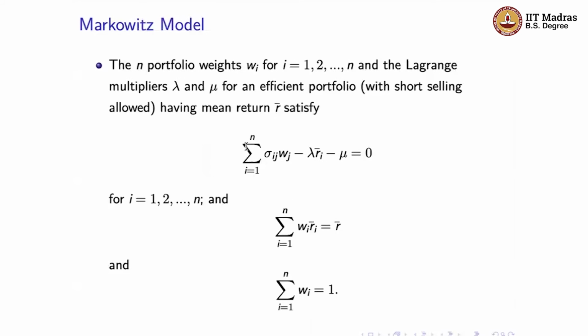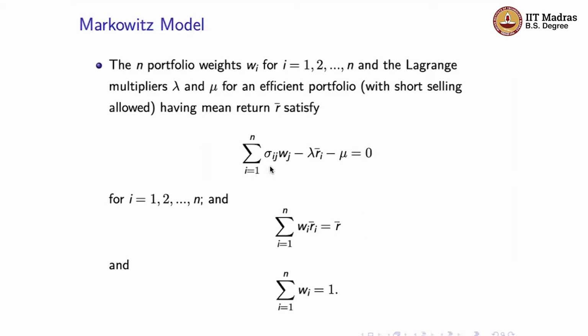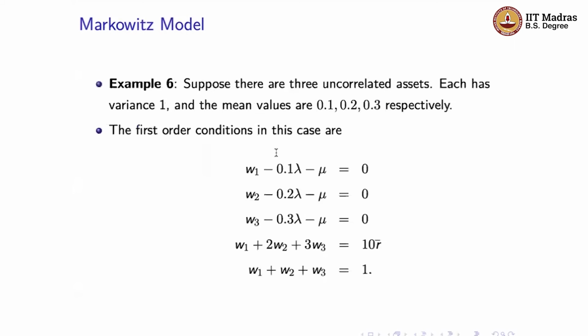Now, if you rewrite these first order conditions for this 3 asset problem, you end up with the first equation, W1 minus lambda R bar 1 minus mu equal to 0. Now, let's think about why the first equation is just W1. Well, you have got sigma 1, 1, W1. So sigma 1, 1 is nothing but sigma 1 square, and you are given that the variance is 1.